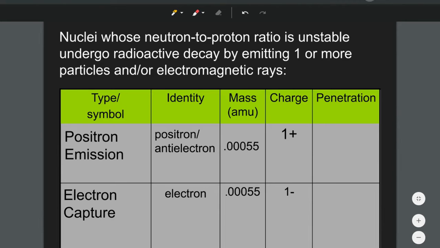It still has the same mass as an electron, but it has a positive charge. It's a weird type of particle. And then another type of radioactivity is an electron capture. Instead of giving off an electron, it actually takes an electron and changes it into a neutron in the nucleus. So it takes an electron from the electron cloud and turns it into a neutron in the nucleus. It's kind of a weird type of nuclear reaction, but it again is a capture of an electron.